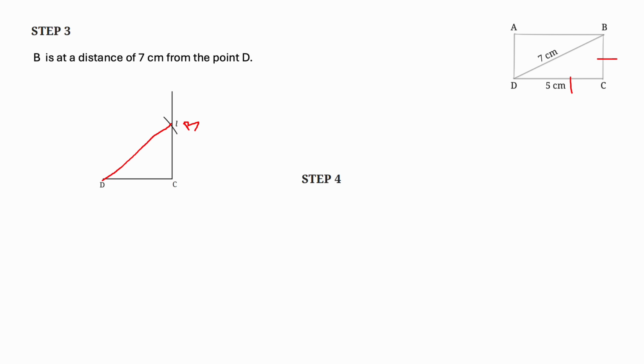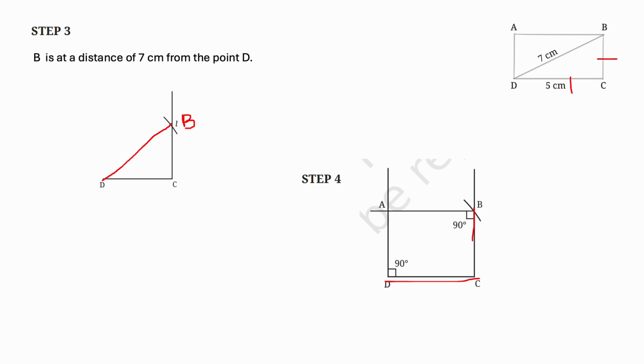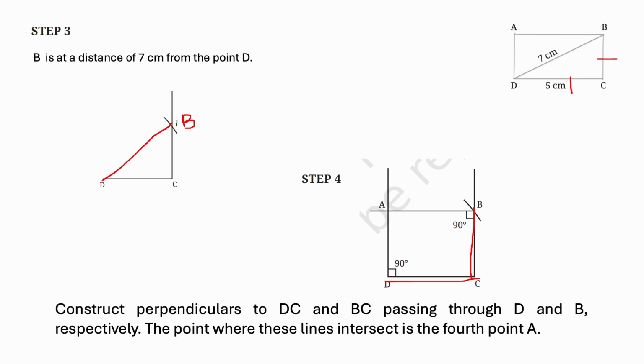Okay. So we will get like this. So we got this line, then construct perpendiculars to DC and BC passing through D and B.